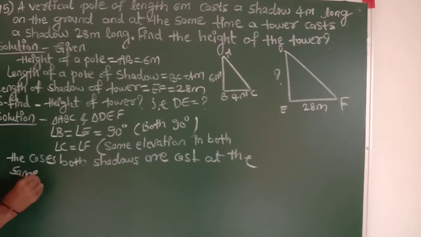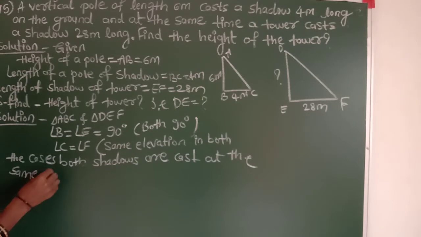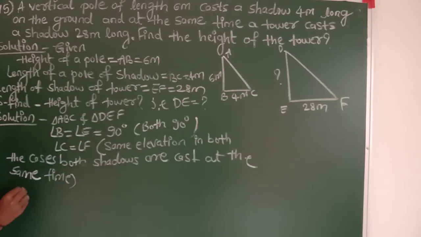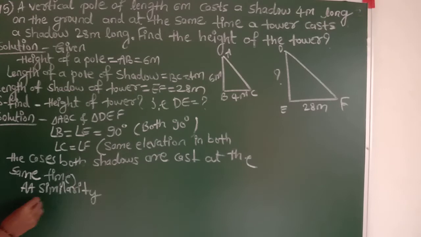Why is this equal? Because same elevation in both the cases, both shadows are cast at the same time. This is the reason for that. So by AA similarity, we can say that triangle ABC is similar to triangle DEF.